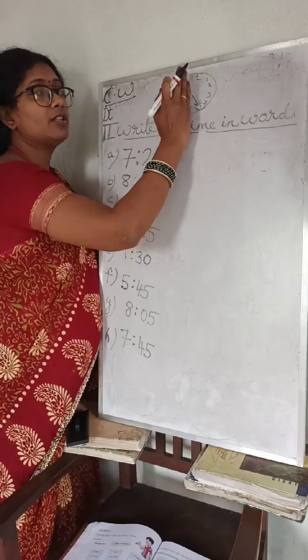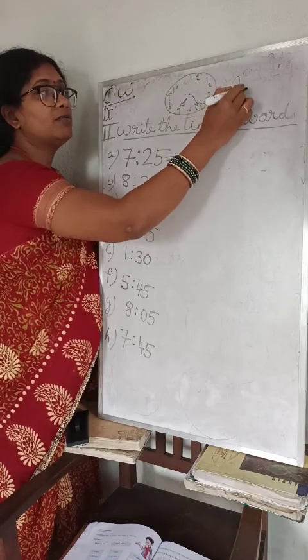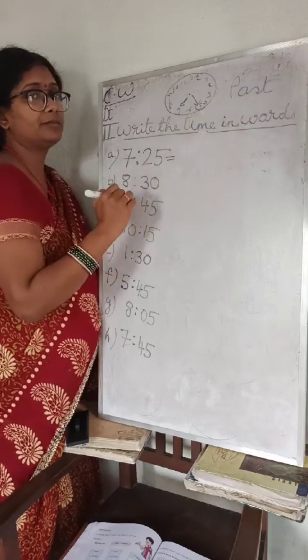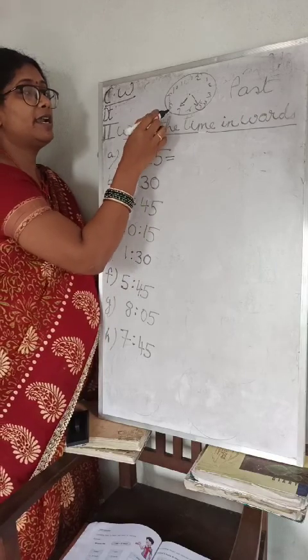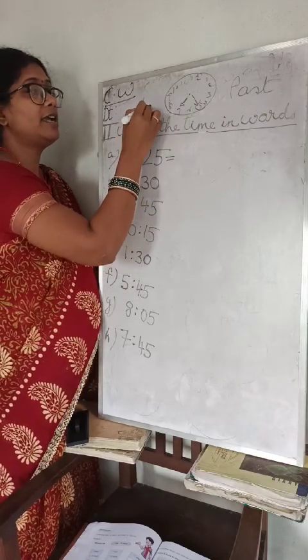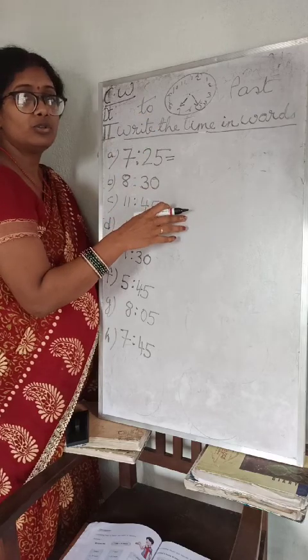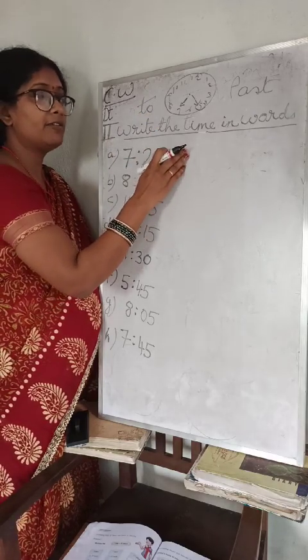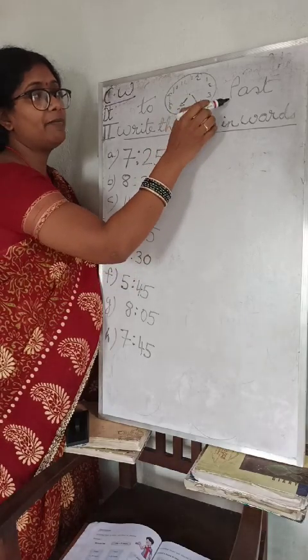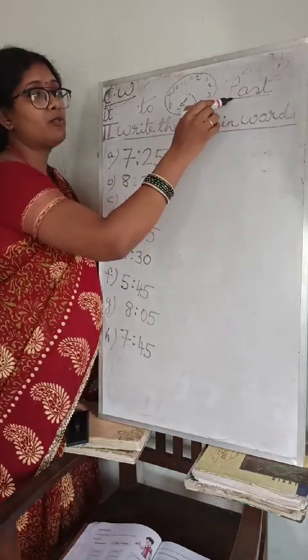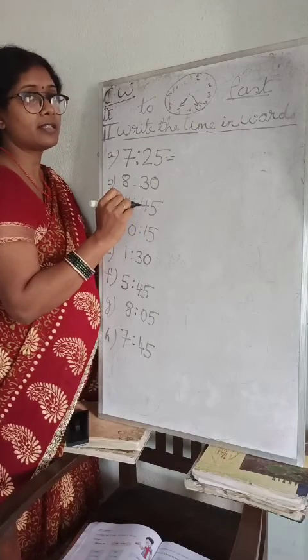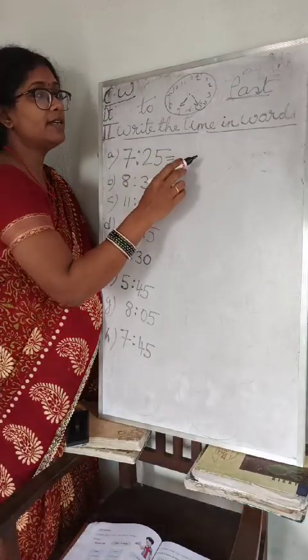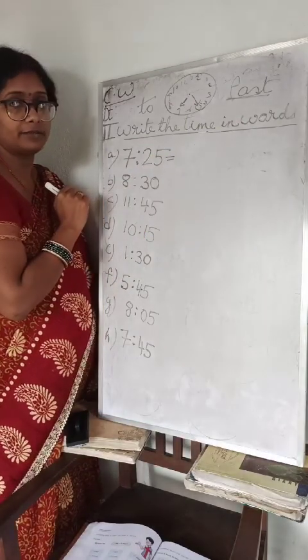Because if it is on the right hand side, you have to use the word past. If the number where the minute hand lies is on the left hand side, you have to use the word to. इसलिए आप यहाँ पर वैसे ही देखकर इसे लिखेंगे. यहाँ पे राइट हैंड साइड है तो आपको कौन सा वर्ड यूज करना है? Past. 25 minutes past 7.